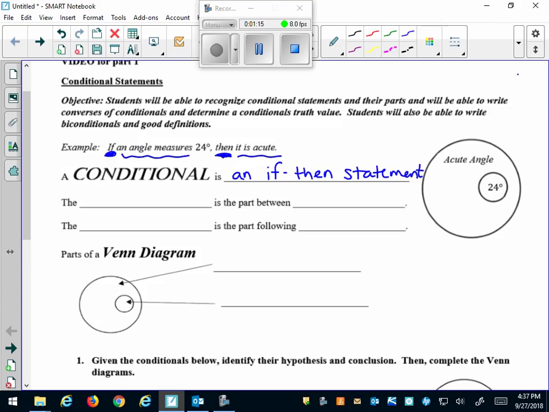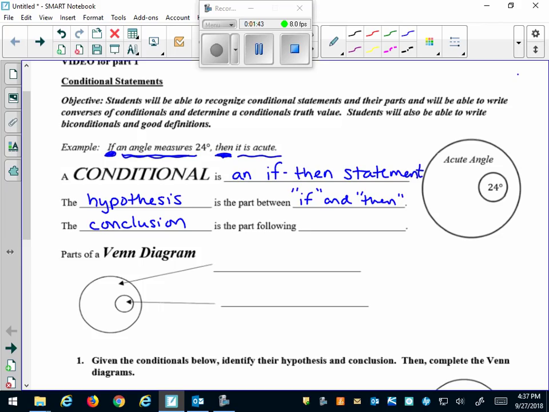The part that follows the if is called the hypothesis. Now, I know in science class you might have a different definition of that, but the hypothesis is the part between if and then.